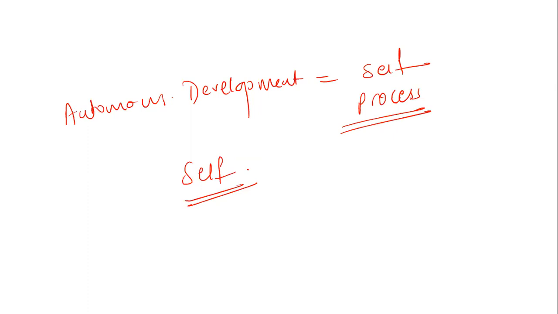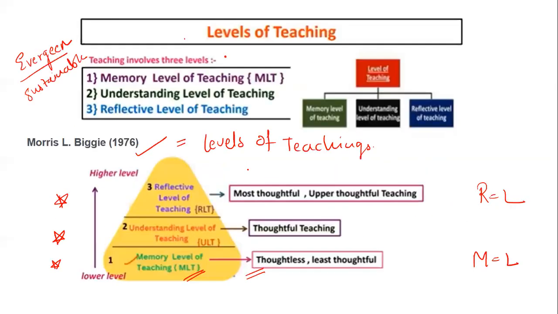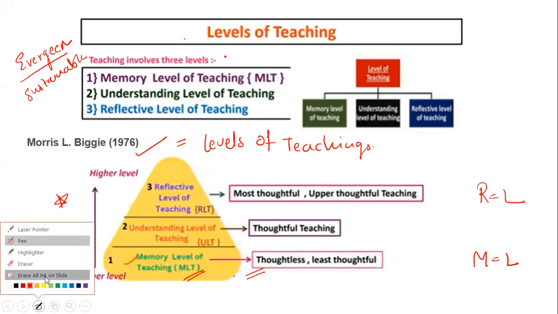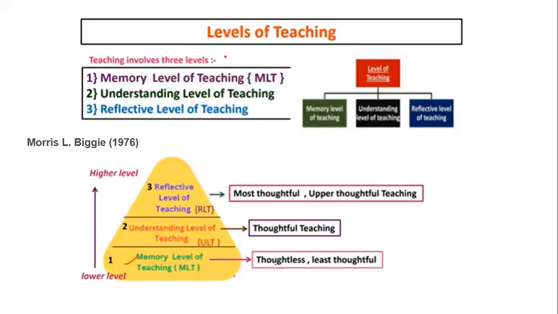Okay. Sorry, I forgot one important point to mention here. As I said, even in many papers you have this as a match-the-following: which level is thoughtless, which level is thoughtful, which level is most thoughtful.